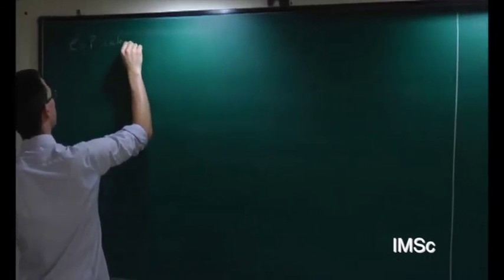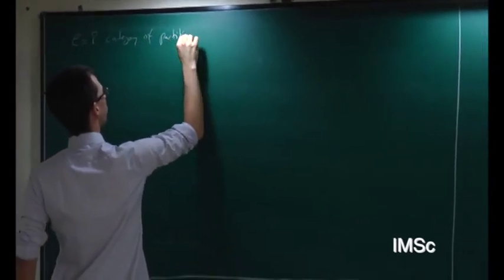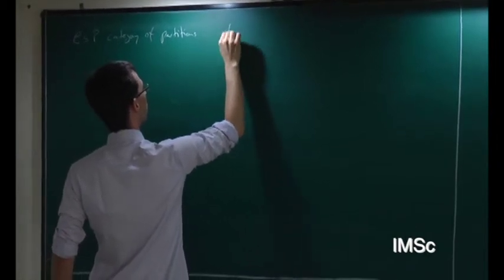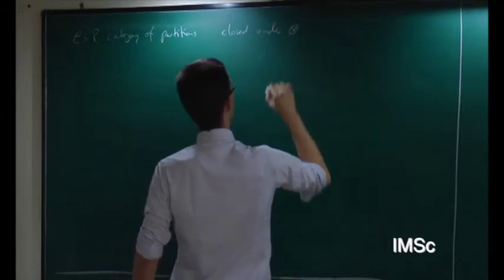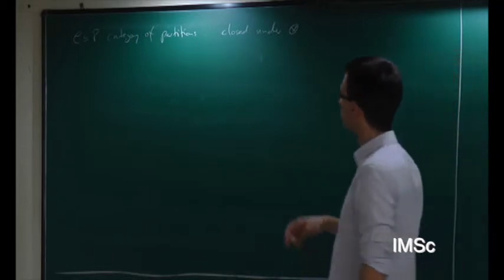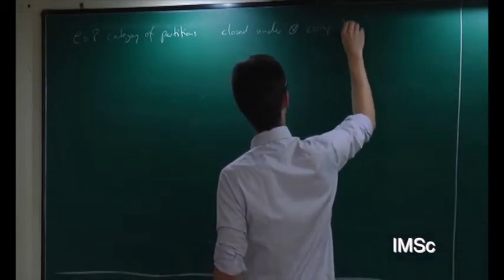Maybe just a brief reminder. We had a category of partitions. This is closed under the tensor product, which meant I take a partition, I take another one, and put them side by side. Then there was the composition.